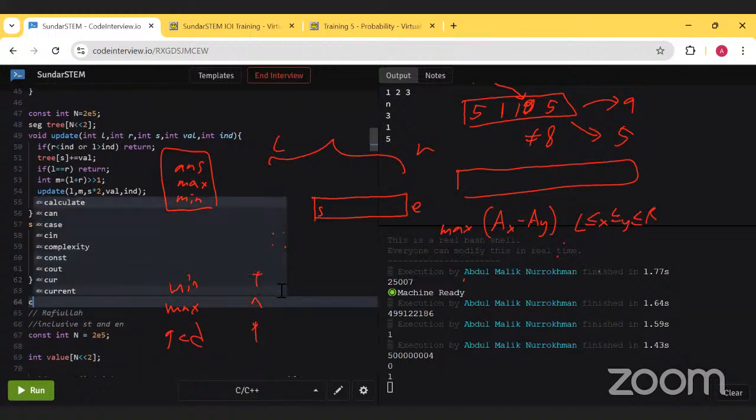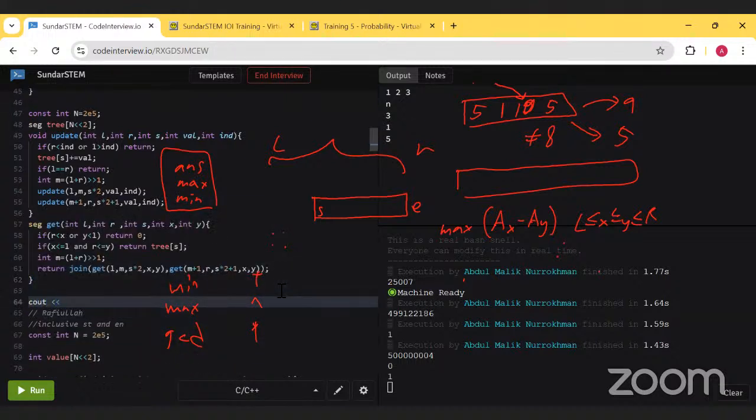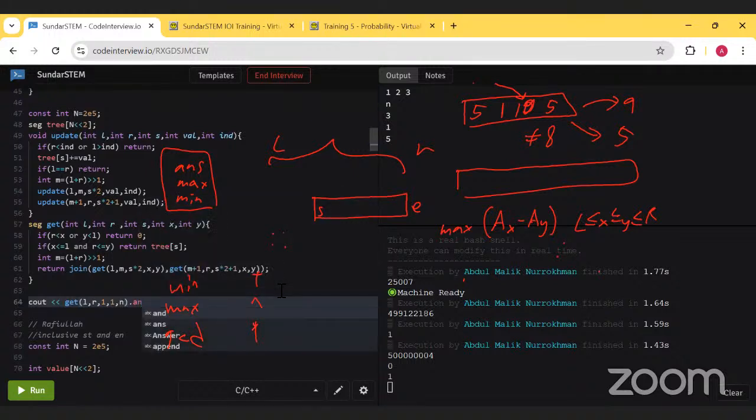And then if we want to output, we will get some value. Let's say r, and then this is 1, this is 1, and don't forget to put dot ans here if you want to output it. Okay.